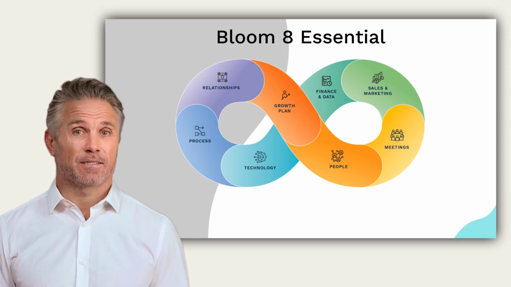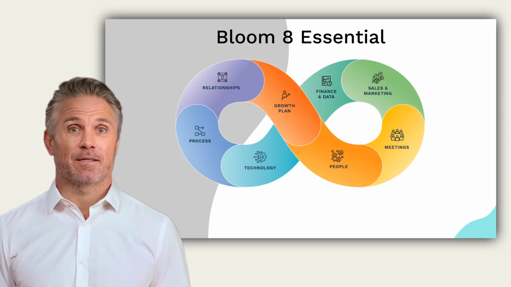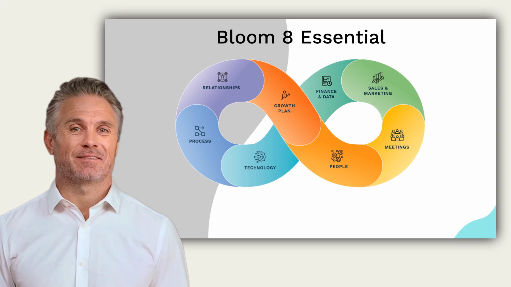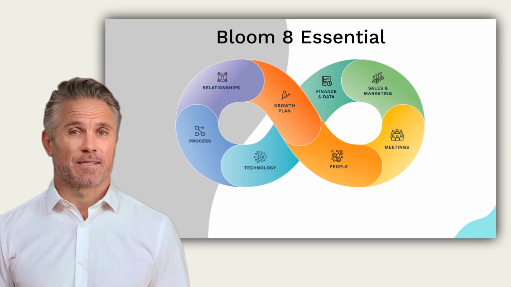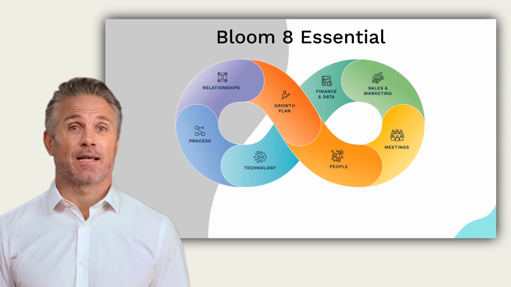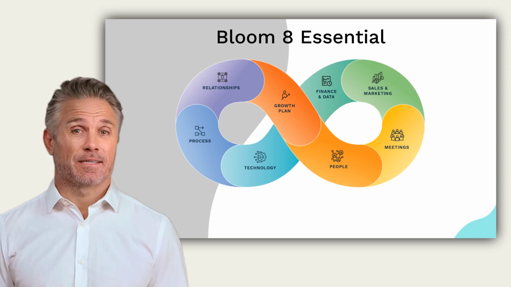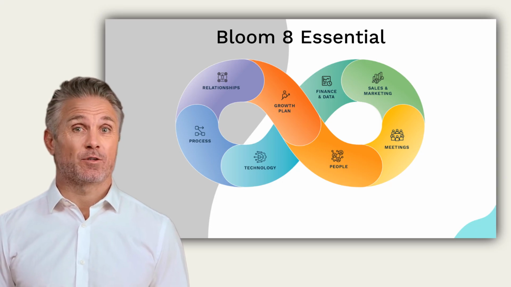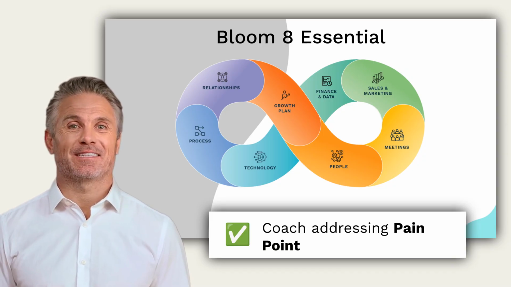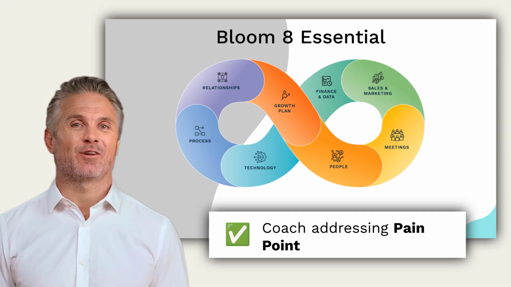Finance and data is next. That's about building the right data and reporting structure to support proactive, confident decision-making. Then there's process. This is about increasing the speed and quality of all your repetitive tasks by systematizing them. The next component is technology, both internal and external tools. For example, that client portal you mentioned, that's a great example of external-facing tech that creates real value for your clients.